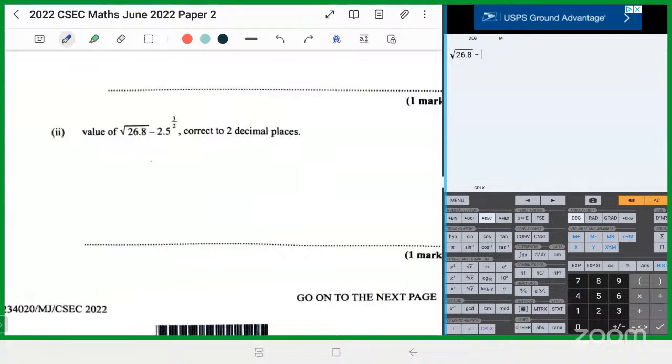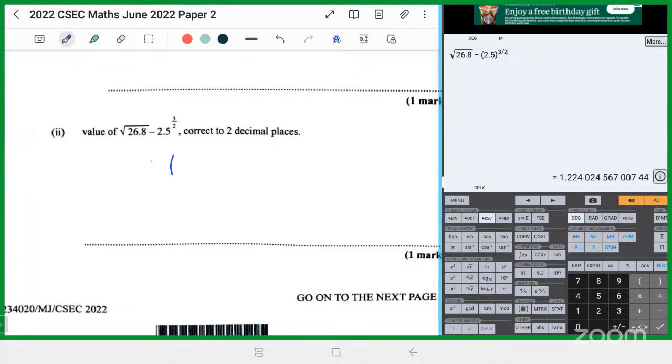Minus, and 2.5 is for the power. That was a fraction, 3/2. 3/2 is 1.5. I'm going to put 1.5 at the power, but I'm going to put a fraction up on the power still, 3/2. And they want that answer to 2 decimal places. If I write it out first, it'd be something like 1.22402.